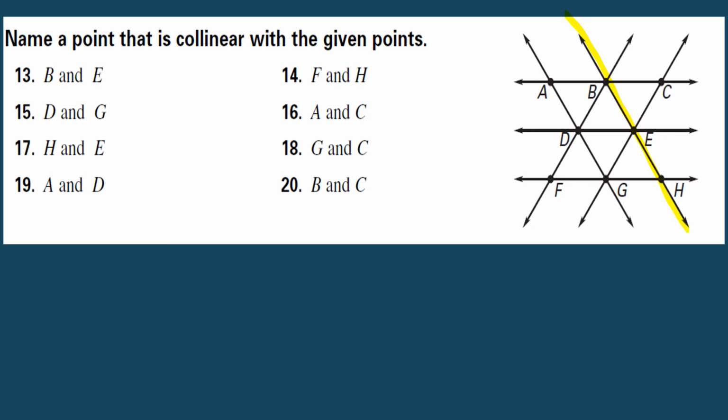They are asking what is collinear with those 2 points. So the answer would be the other point that's on the line, which is H. Go ahead and try those and come back and get your answer. I'll give you a couple minutes for that. Pause the video and try them.